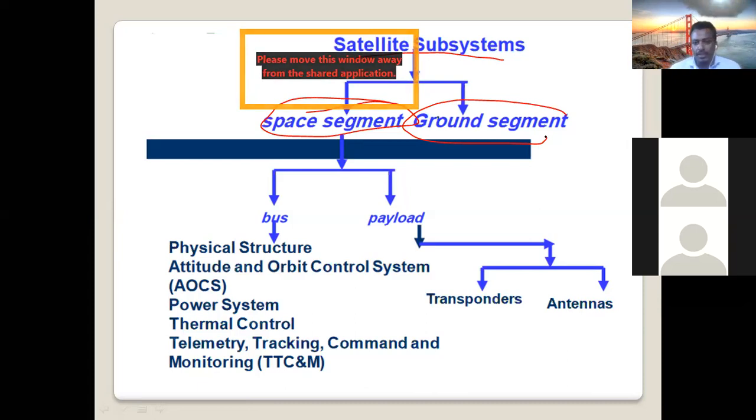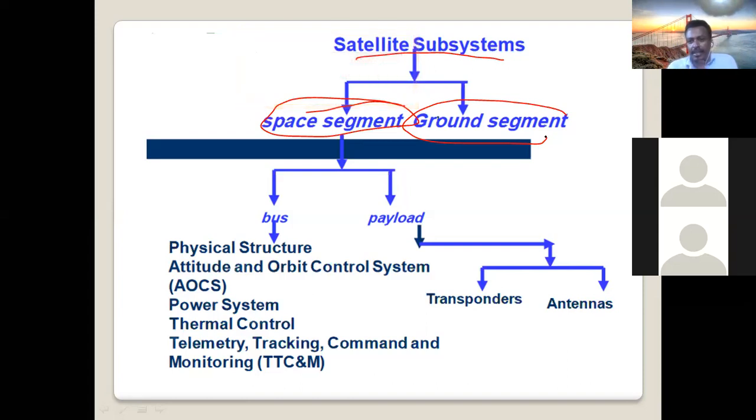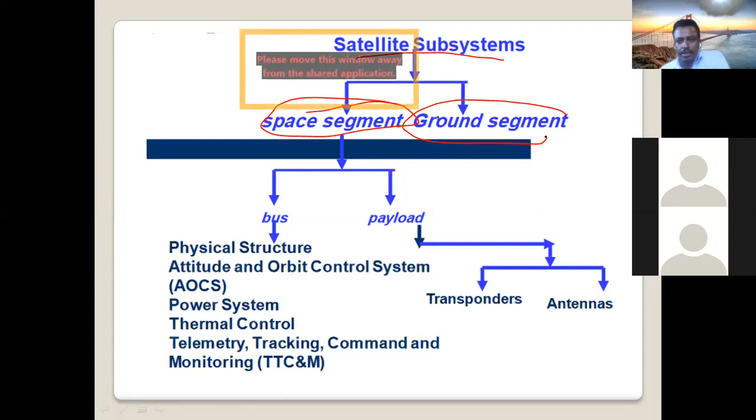What is the first one? Space segment. All device equipment we put in the orbit. Okay, we call it space segment. And another one is ground segment. Components, devices on the ground. So generally, satellite subsystems are categorized into 2: space segment and ground segment.